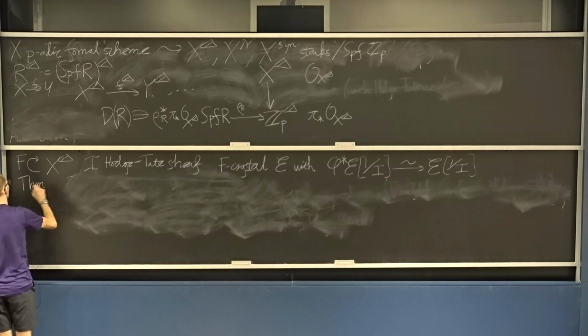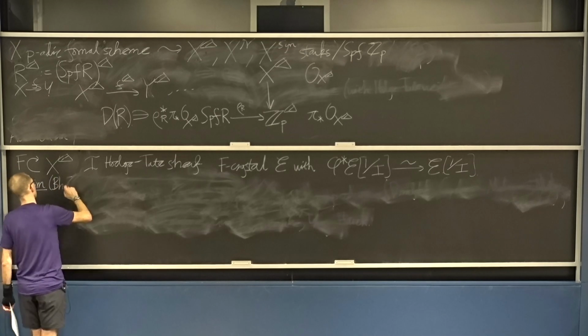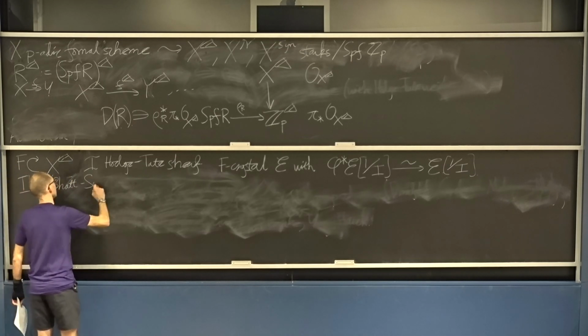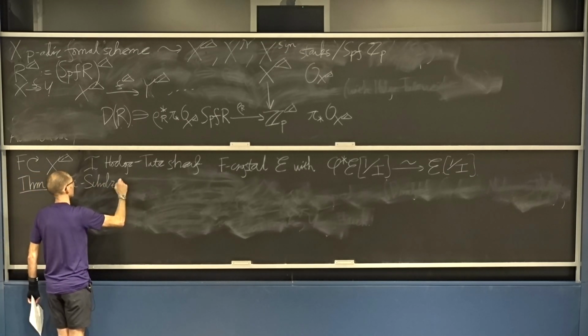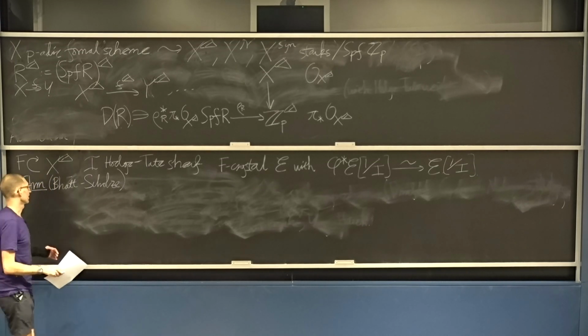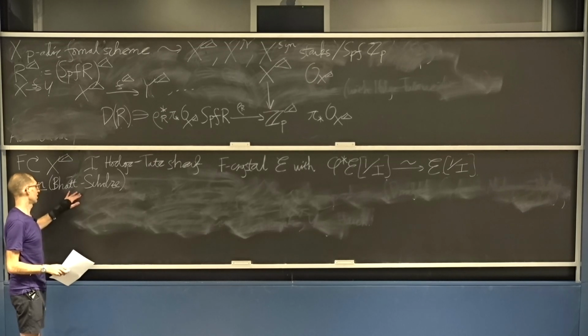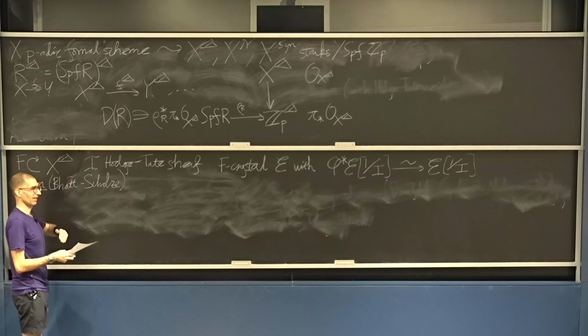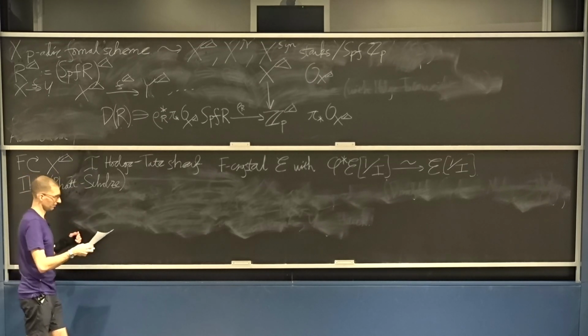So the theorem of Bhatt and Scholze. I'm sticking, for the most part, to talking about representations of the Galois group of Q_p, and thus talking about Z_p. But this theorem is also true, the obvious variant, if I replace Q_p with any finite extension.